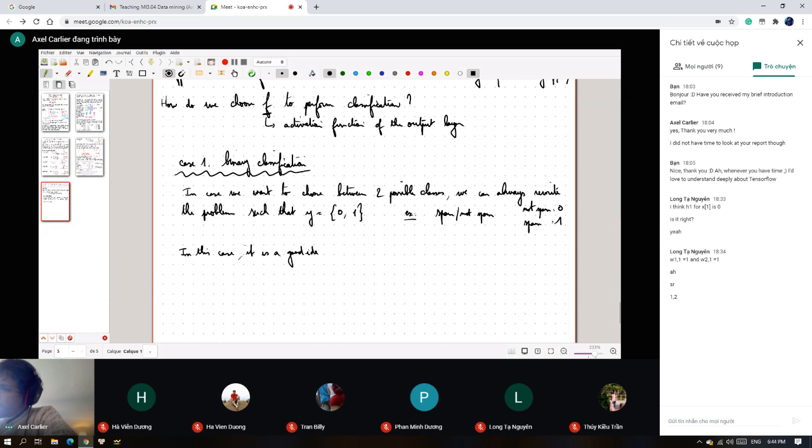Good idea to use a sigmoid function for F. Okay, remember the sigmoid? Yesterday we defined it.